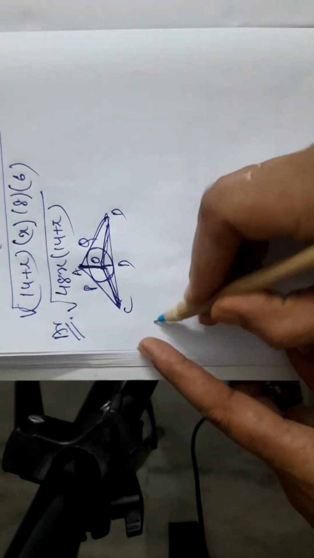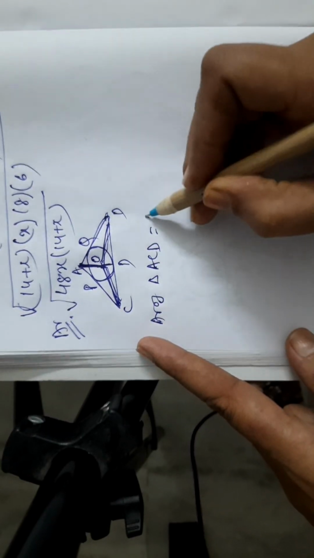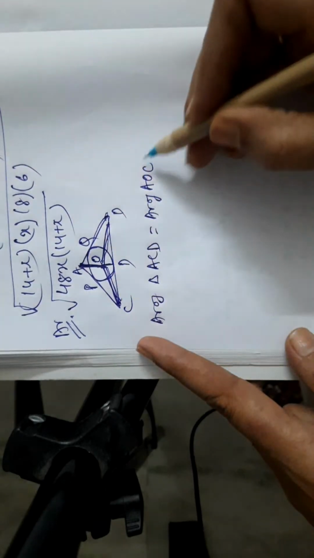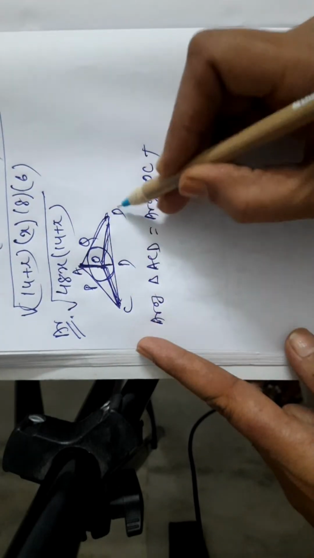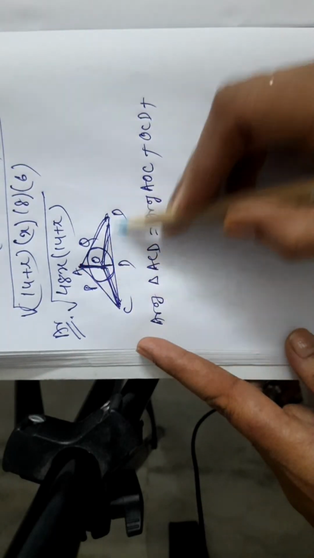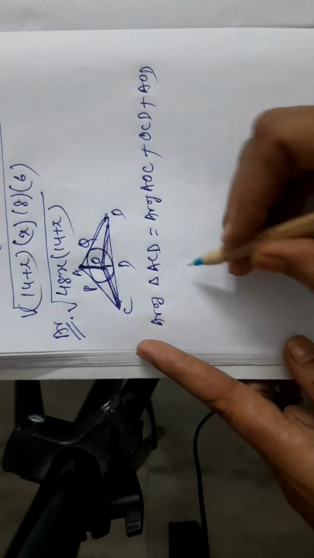We can make the area of triangle ACD as area of AOC plus area of OCD and area of AOD. 3 triangles we got.